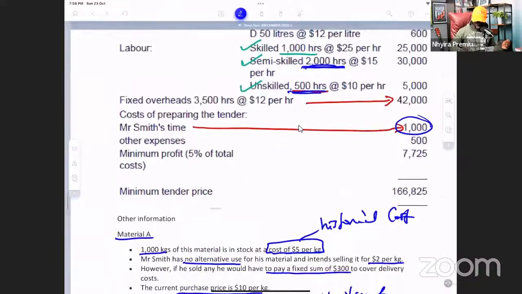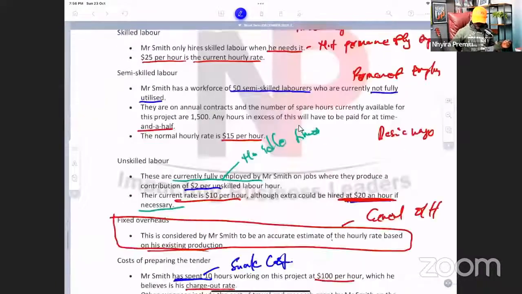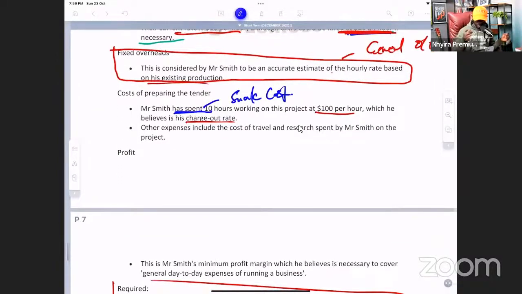Then we look at the last one, other expenses, 500. Let's go see what we have for the other expenses. Other expenses include cost of travel and research spent by Mr. Smith on the project. Again, it has already been spent, so that's a sunk cost.